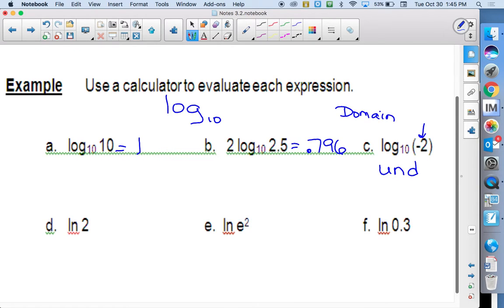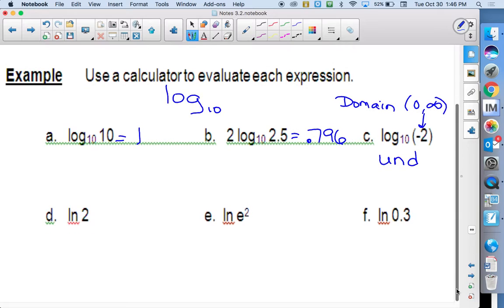Virginia? 0 to infinity. That negative 2 is the x value. That's not in the domain. So you can't evaluate a log of a negative number because it's not in the domain of logs. Logs start at 0, they go to infinity. That's why that is undefined.